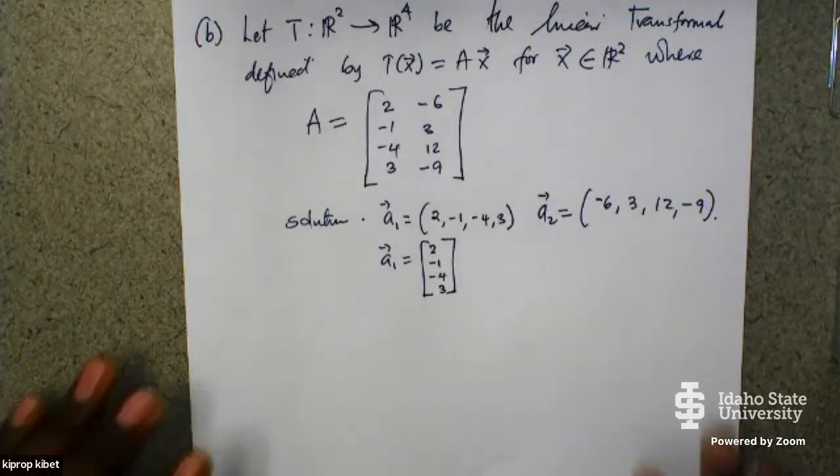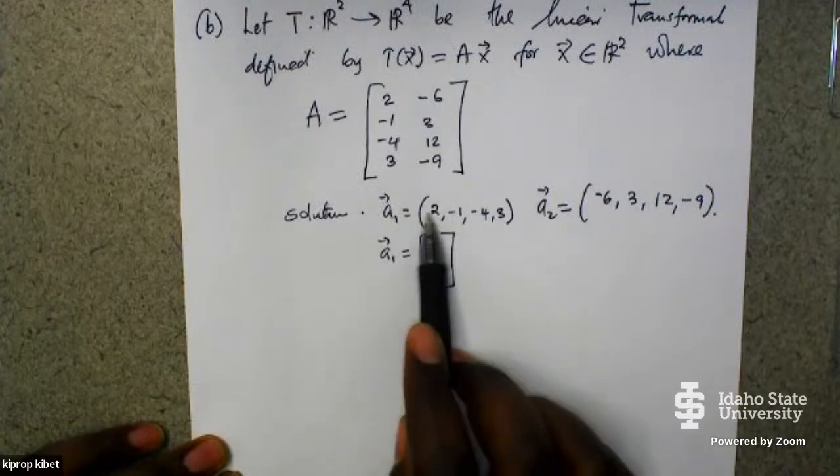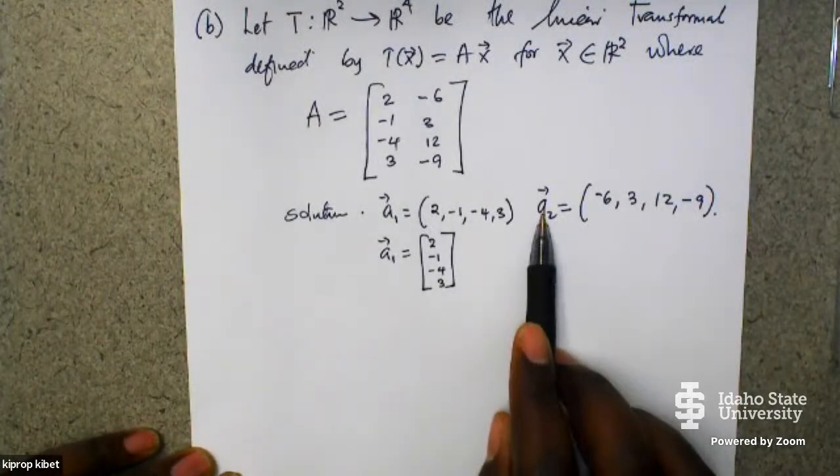If we have those as the vectors, we can see that A1 and A2 have some common value.